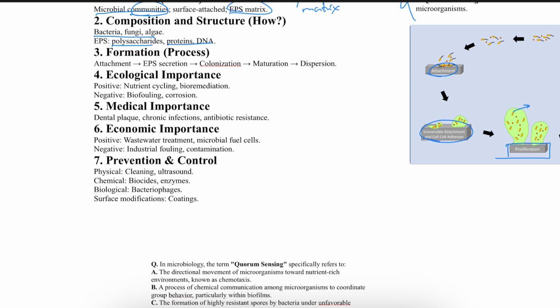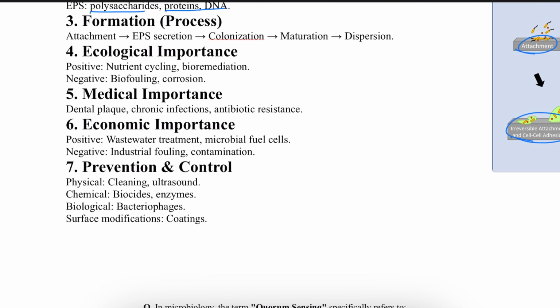For example, considering the medical relevance, biofilms are associated with chronic infections such as dental plaque, where microorganisms form biofilms in our mouth, thereby causing dental plaque. We also have lung infections such as cystic fibrosis, where the relevant microorganisms form biofilms.